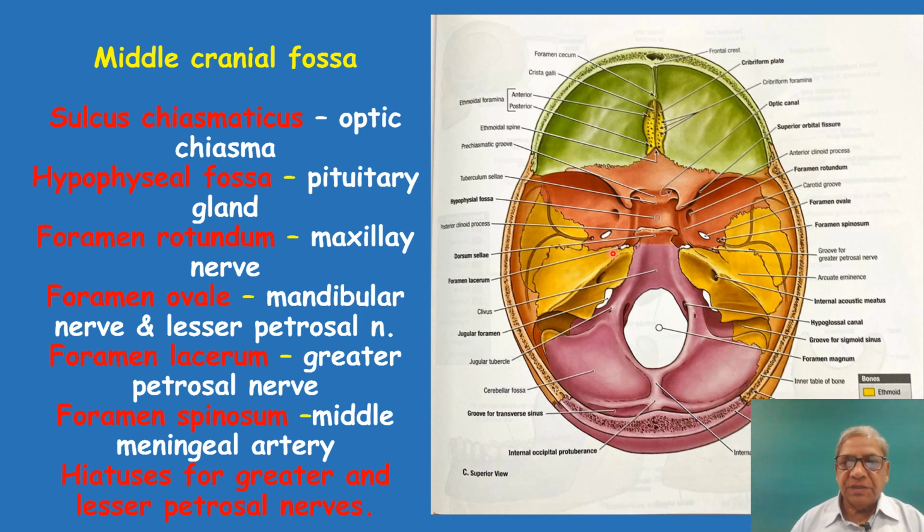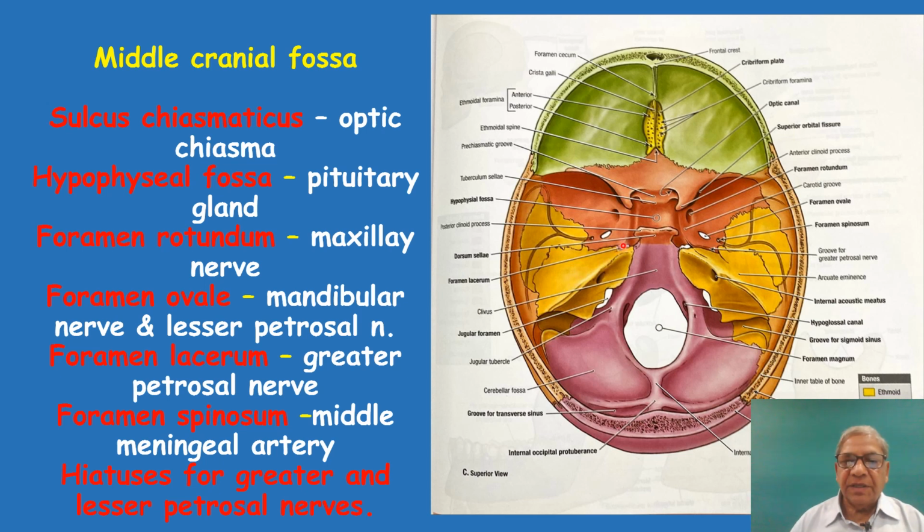This nerve, the greater superficial petrosal nerve, will come from this hiatus and will go to the nerve of the pterygoid canal, which begins at the anterior margin of the foramen lacerum. This, where I am moving the pointer, is the foramen lacerum. So it will go into the anterior margin, into the canal.